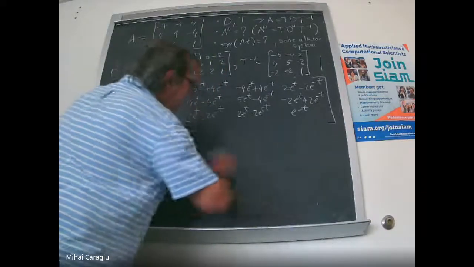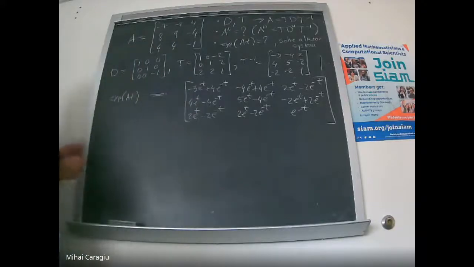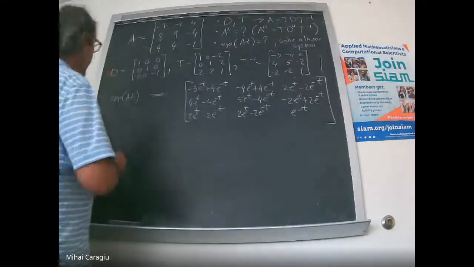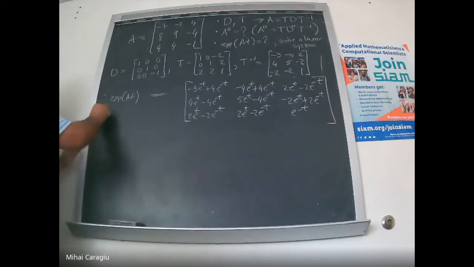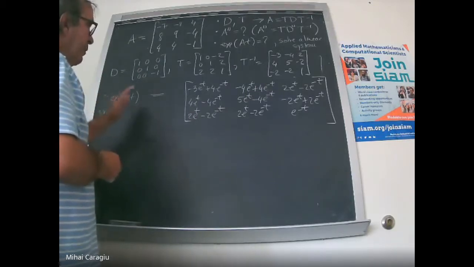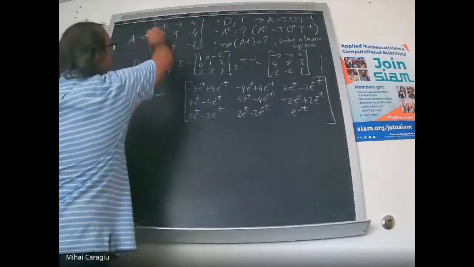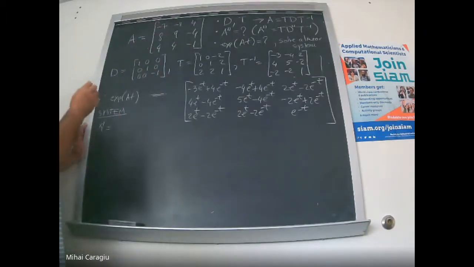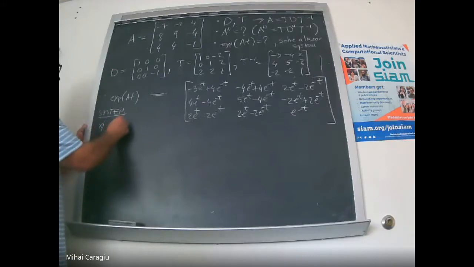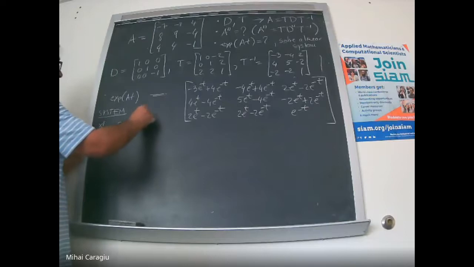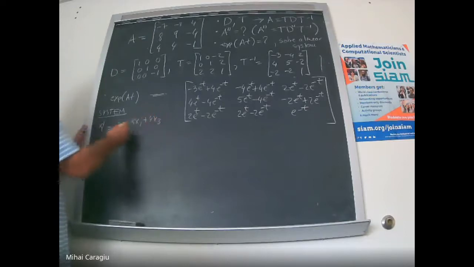Now, let's solve a system of linear differential equations induced by that matrix A. As a byproduct of the calculation of the exponential, we'll keep it here. Let's solve the system of linear differential equations. X1 prime equals, use the first row as the first row of the coefficient matrix, minus 7x1 minus 8x2 plus 4x3.